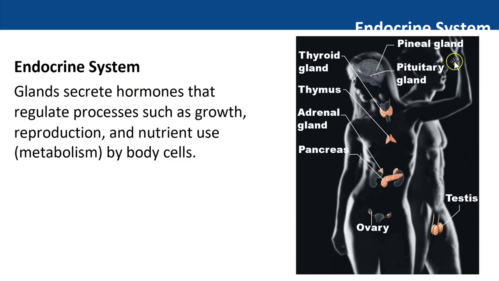Some examples of the endocrine glands are the pineal gland, pituitary gland, thyroid gland, thymus, adrenal gland, pancreas, testes, and ovaries, which regulate processes such as growth, reproduction, and metabolism.